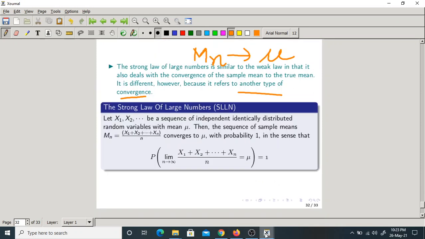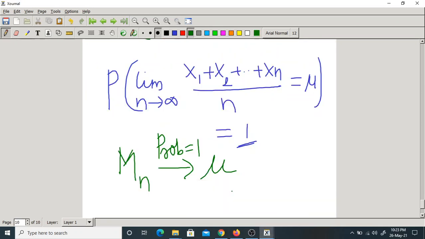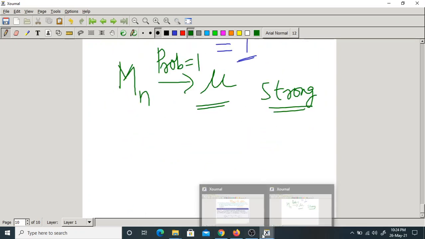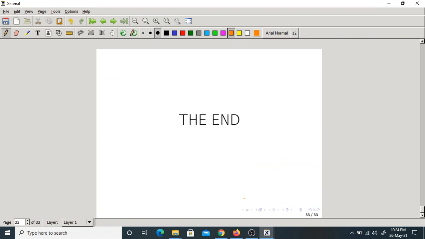So the sample mean converges to the true mean with unit probability, with almost sureness. So it is very strong in nature because we are dealing with certain probability, or probability of 1. Okay, so that is about the strong law of large numbers.